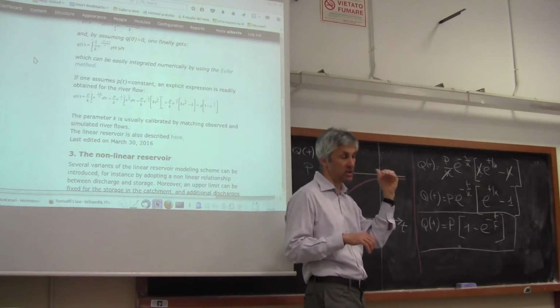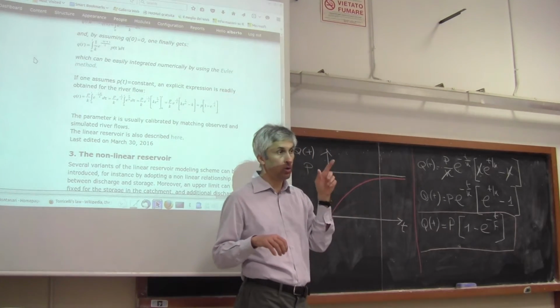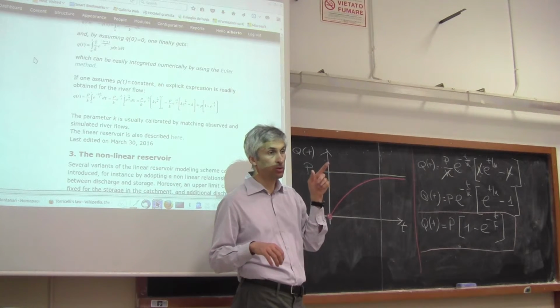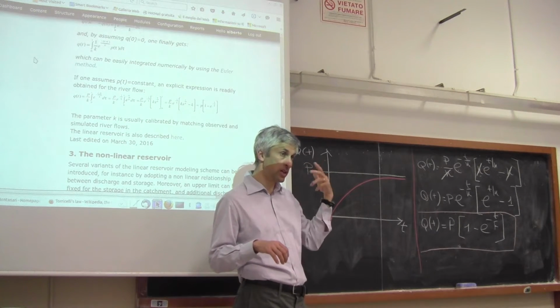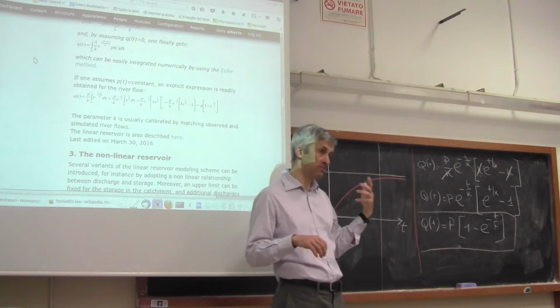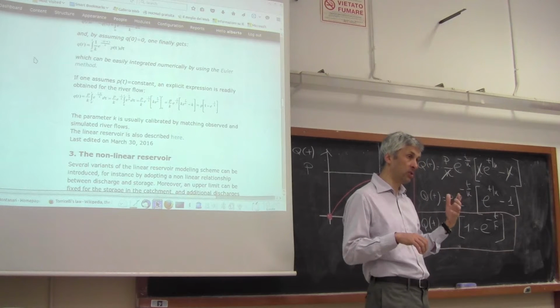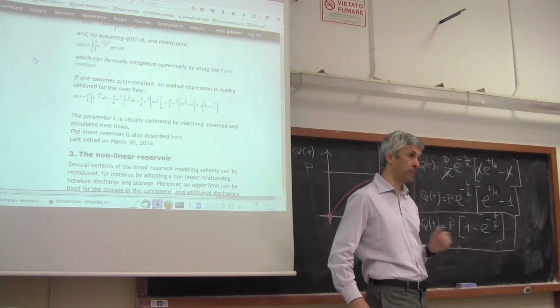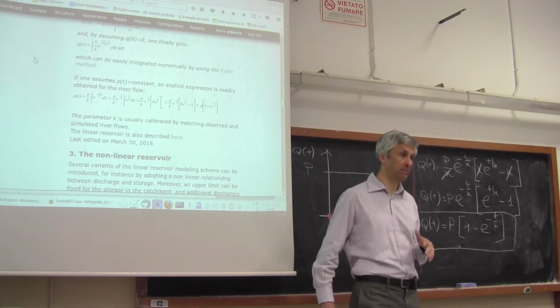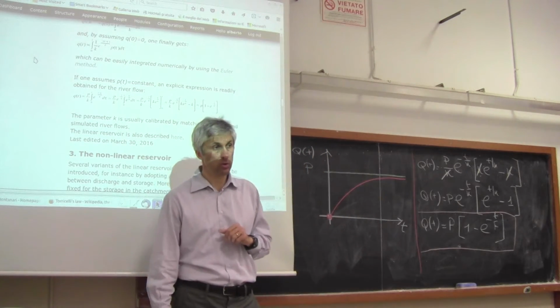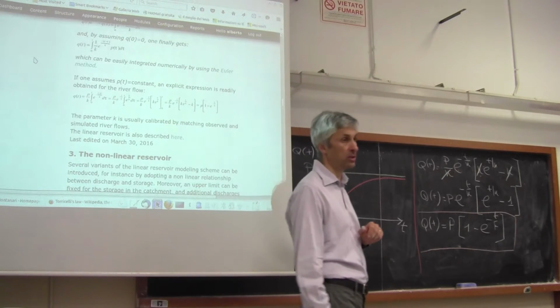When the catchment is saturated, all the rainfall is converted into river flow. So it is physically reasonable that if the catchment is very wet, you get a river flow that is close to rainfall. This is what happens when you get extreme floods. You have all the rainfall converted into river flow.